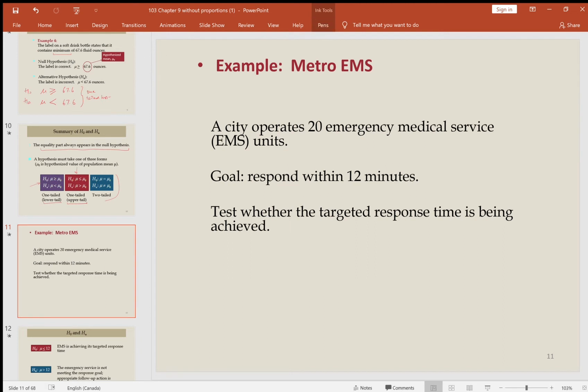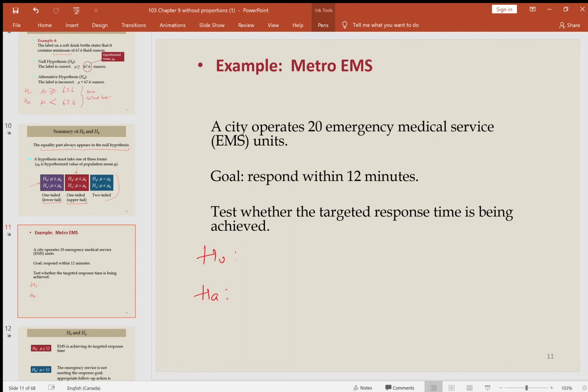Metro EMS. A city operates, so let's say there's a small town, it operates 20 emergency medical service units. Goal is to respond within 12 minutes. Test whether the targeted response time is being achieved. So let's first make the null and the alternate hypothesis.